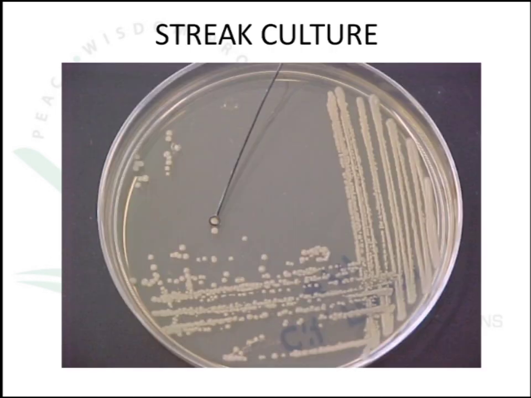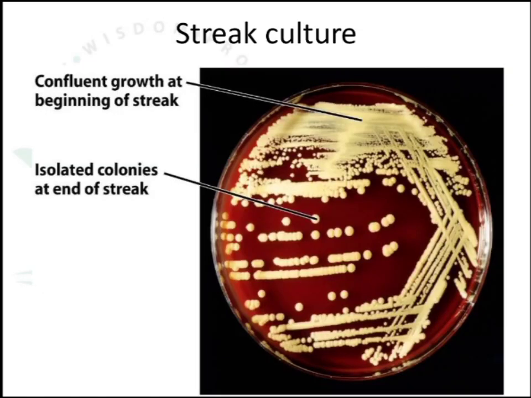So this will be the observation after incubating 1 day. We will get separated colonies as well as confluent growth. Initially there will be a confluent growth at the beginning of streaking, from which we cannot isolate the separated colonies.